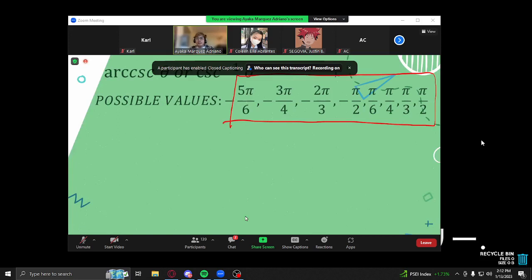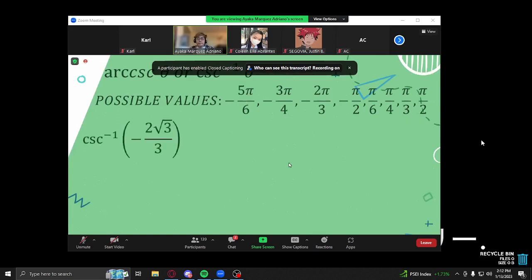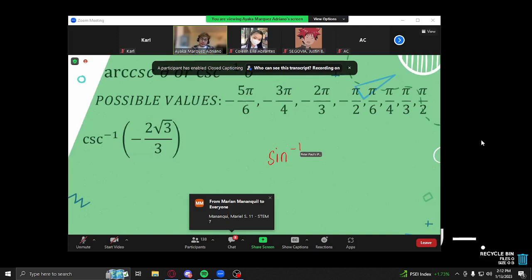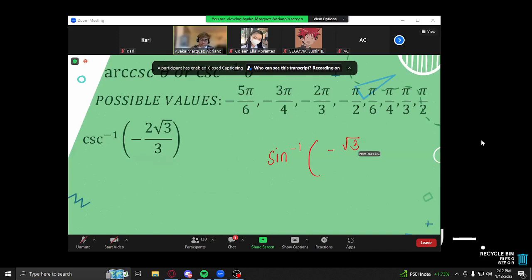Let's try to deal with the first example. Tingnan nyo to. Pag pinrest natin to sa calculator, it should be arc sine, and then we get the reciprocal, that is negative the square root of, it's negative 3 over 2, the square root of 3.